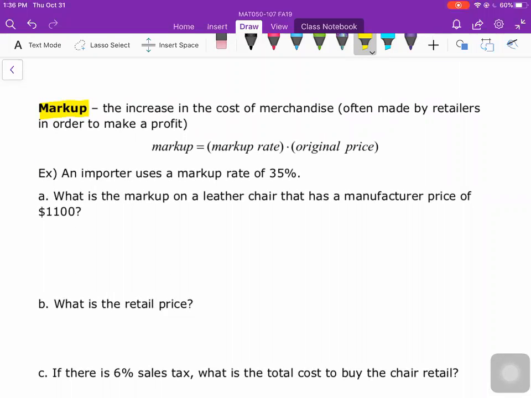An importer uses a markup rate of 35%. What is the markup on a leather chair that has a manufacturer price of $1,100? Using that formula for markup, it's the markup rate. What's the markup rate? $0.35.